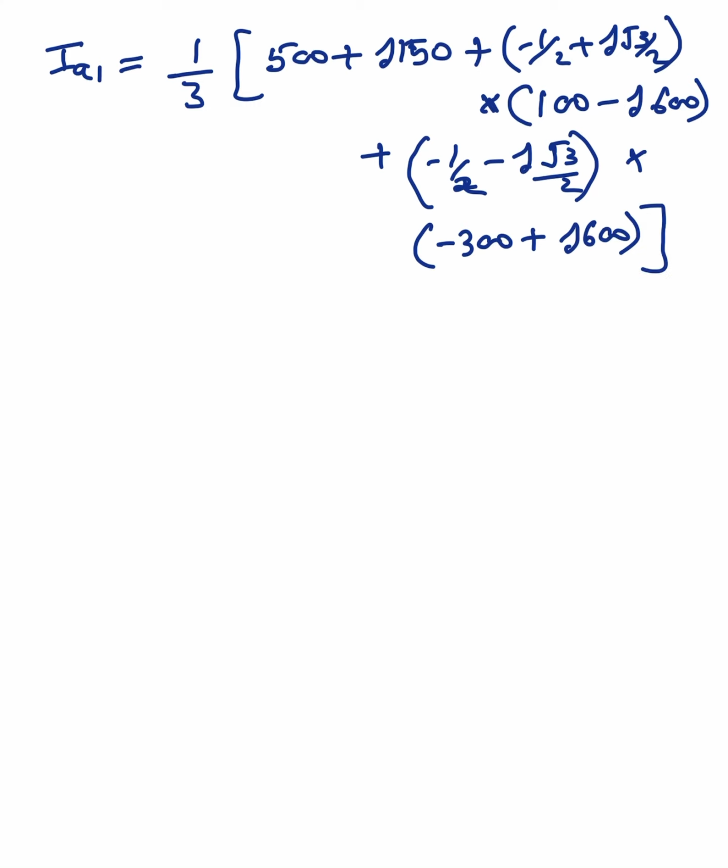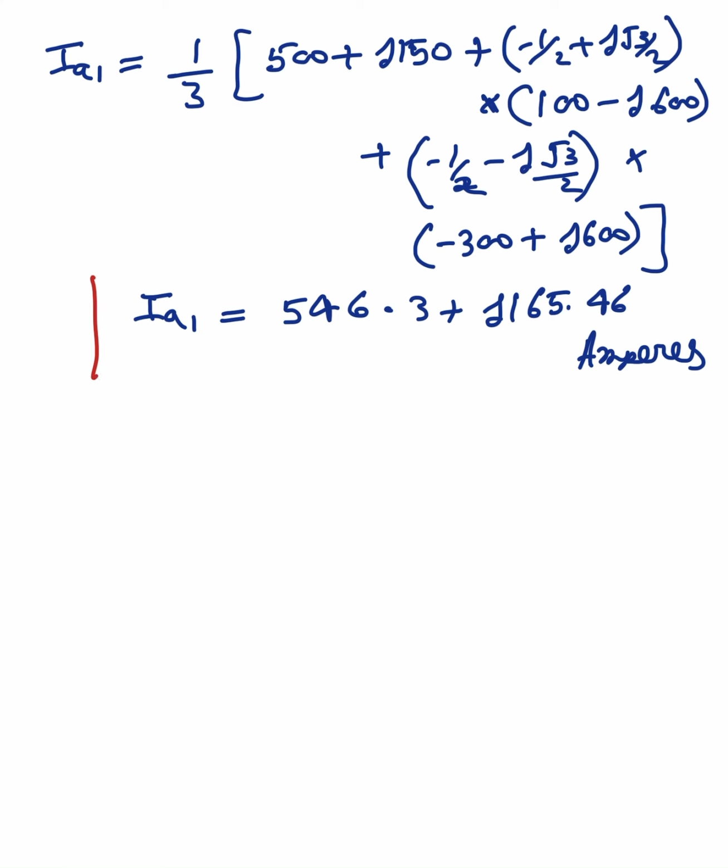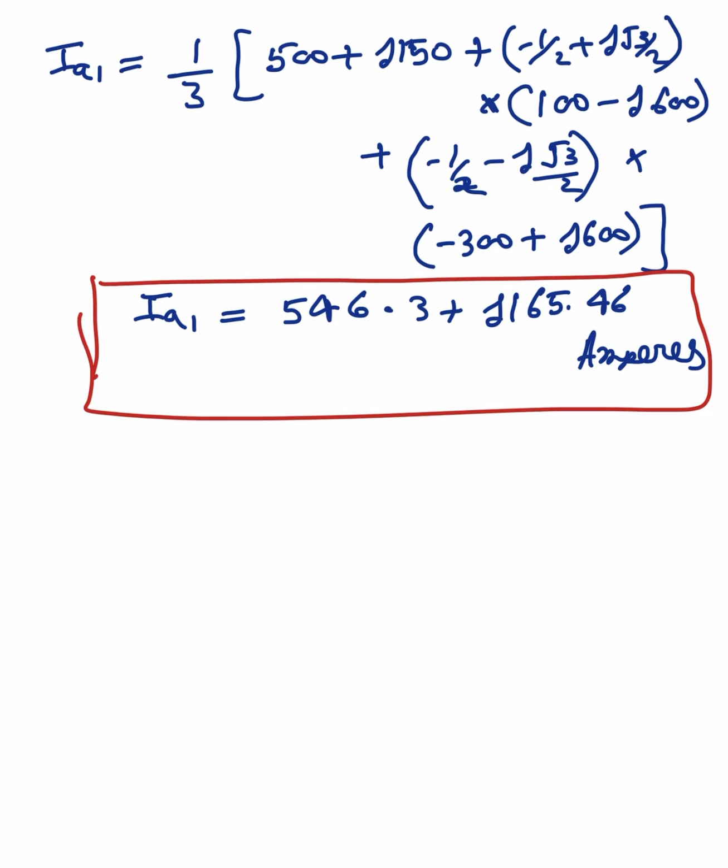So IA1 you can get easily: 546.3 plus j 165.46 amperes. This is the value of IA1.